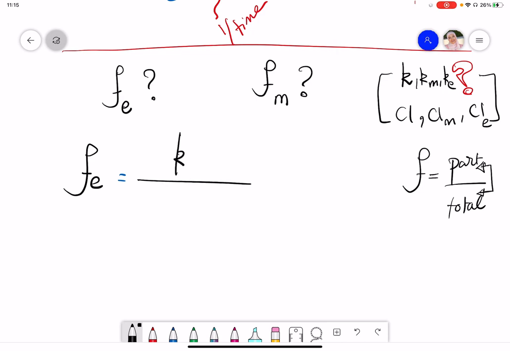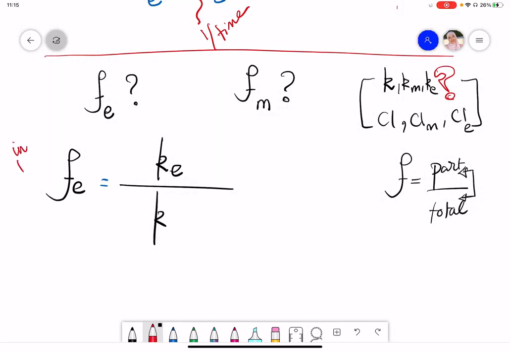So in terms of rate constants, I can use Ke, which is the part, and the total is K, the elimination rate constant.